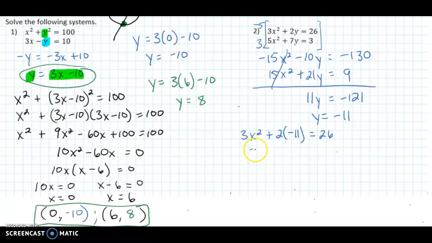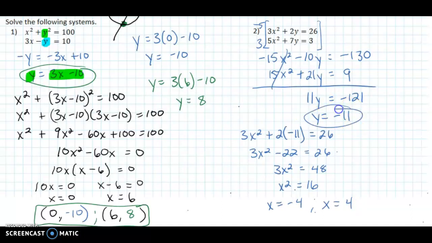And then that gives me 3x squared minus 22 is equal to 26, or 3x squared is equal to, when you add 22, 48. And so x squared is equal to 16. And then when we're solving, if I take the square root, then I have those two solutions, the positive and negative. So x is -4, and then x is positive 4.